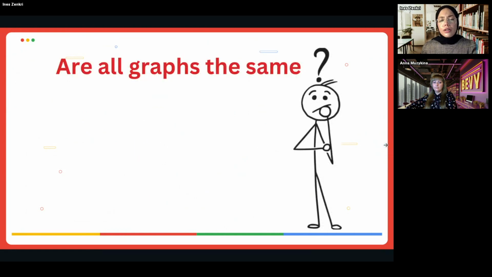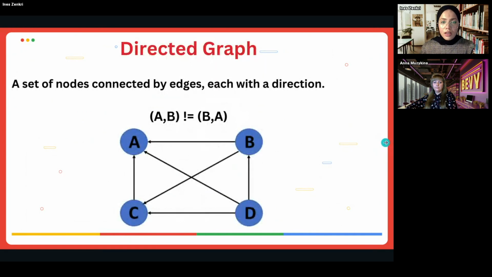Now, are all graphs the same? Is every graph a normal graph? The absolute answer is no, because there are many types of graphs. First one is the directed graph, which is, as usual, a set of nodes connected by edges, but with directions this time.